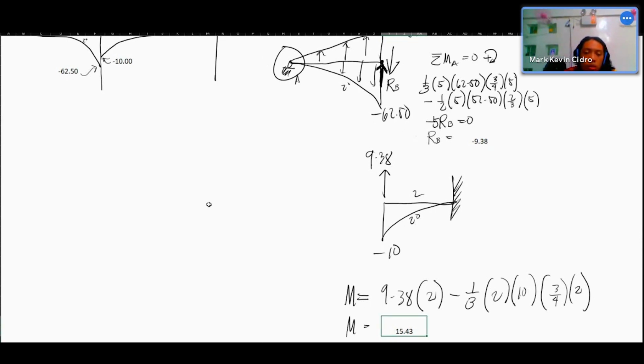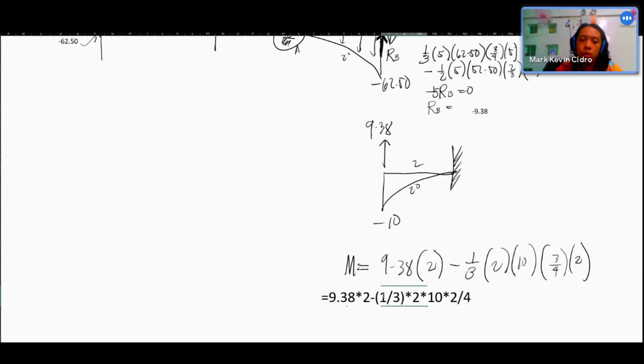15 something. Sir, try ko po mag-free moment. What's your answer? 8.75. 9.38 times 2 minus 1/3 base times 10 times 3, 1/3 times 2 times 10 times 3 pa times 2 divide 4. 8.76, sorry. Ano ang answer mo sa moment equation? 8.75.